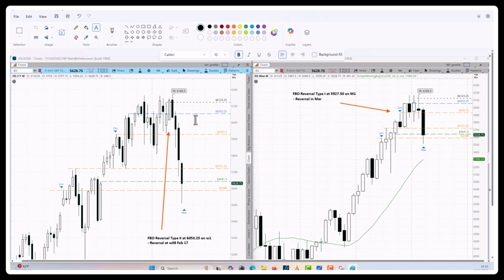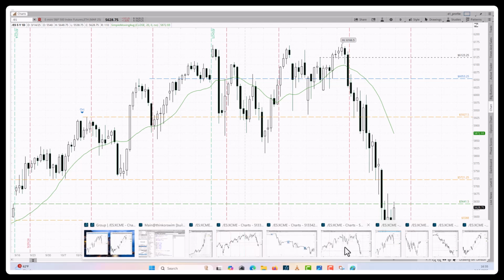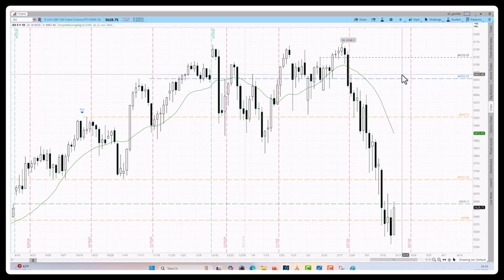Let's see on the daily what happened at the level 60, 53. Right here, 60, 53, we can see that it broke it on Friday the 21st right there. See that?